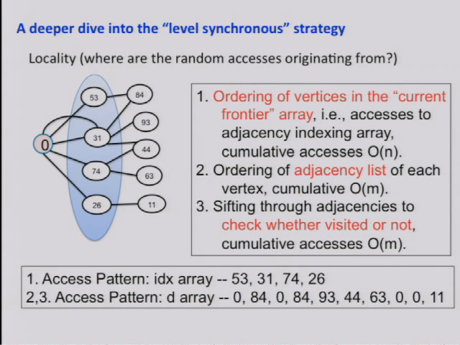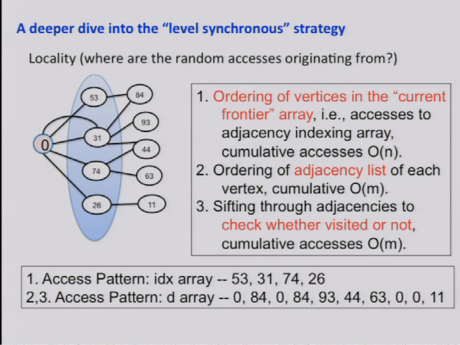You will check a vertex as many times as it has incoming edges. So for example, this is the access of checking whether you have visited the neighbors of the current frontier. You'll see that 0 happens multiple times because many of these vertices are still trying to access 0, although 0 has already been visited before. So you will make those accesses to the visited array.